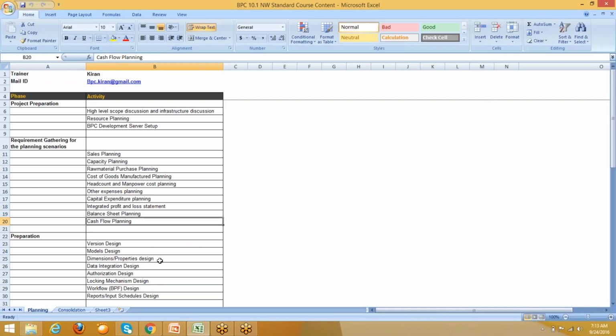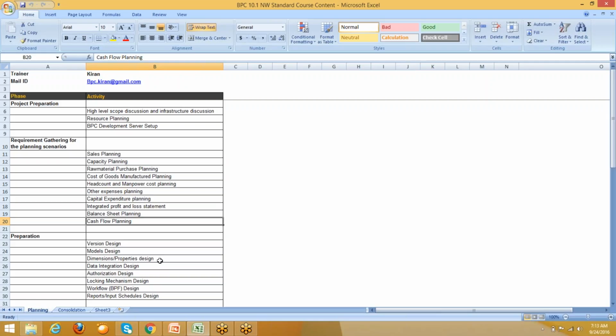Cash flow planning. How the balance sheet movements are transferred to cash flow. How different account values are aggregated and shown as a cash flow item. Whether we are going to derive direct cash flow or indirect cash flow.